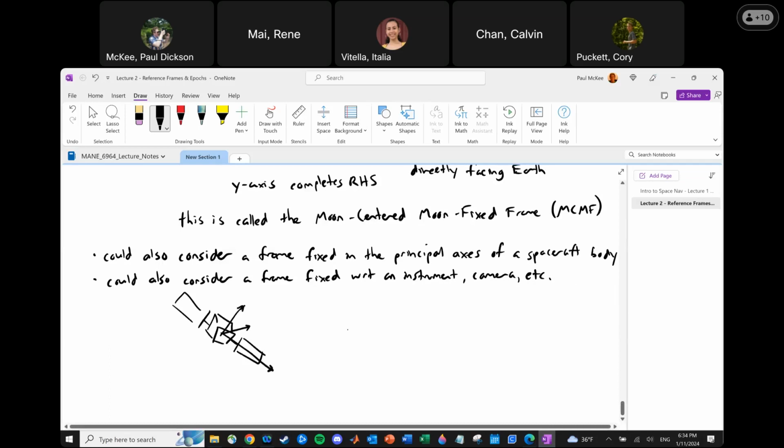Or maybe you have a camera, and let's say that camera is like a triangular prism with some sort of light baffle there. Then you might say that it's got some z-axis coming out the front. It's got maybe some x-axis coming down, something like this, right? That's the idea.